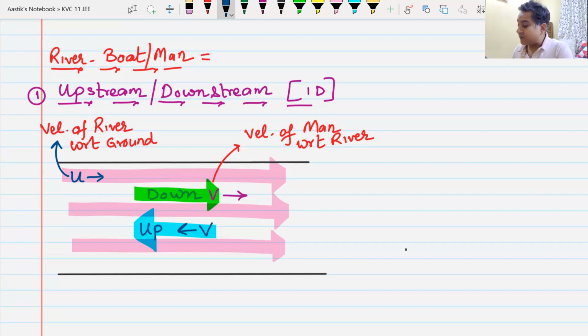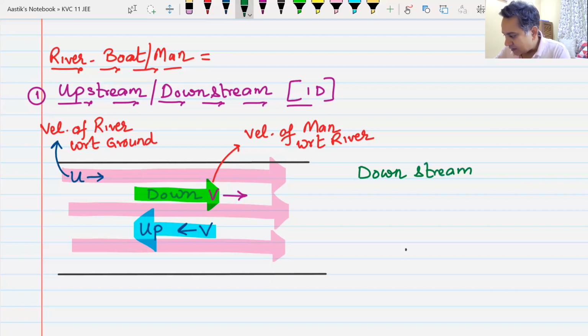Now remember, when he is moving downstream, then what happens? His velocity with respect to ground, because he is going to cover distance with respect to ground, will always be equal to velocity of man with respect to river plus velocity of river with respect to ground.